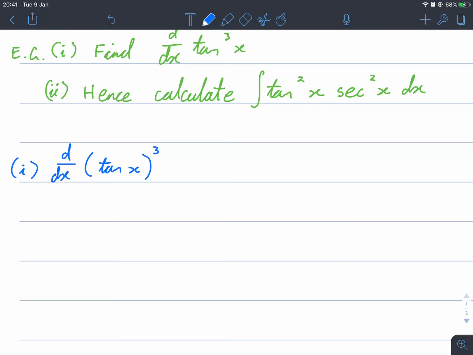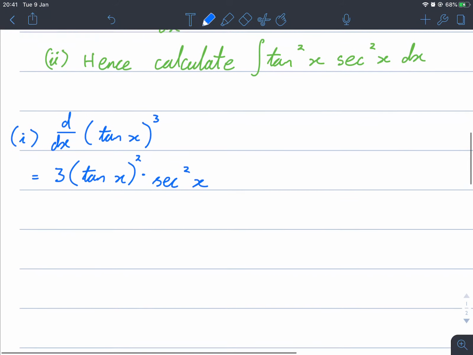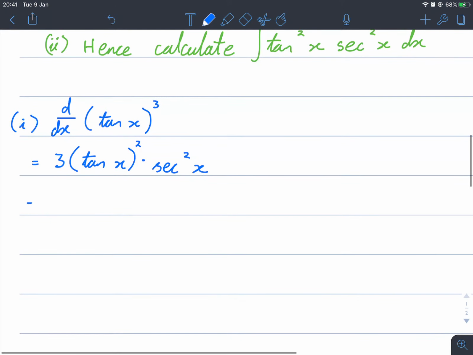Applying the chain rule, we get 3 outside, tan of x to the power of 2 times sec squared of x. Simplifying this becomes 3 tan squared x sec squared x.